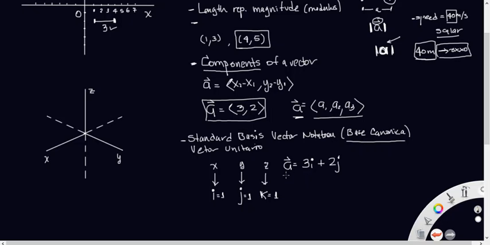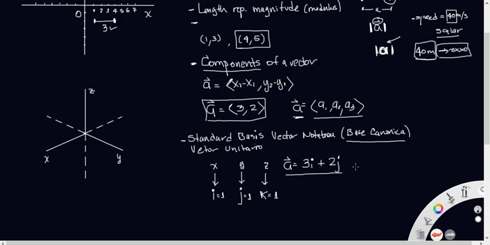So these two are the same, but this is represented in a standard basis vectorial form, and this is in component notation. So each one of these are the same, but this is showing how many units in I or in the X axis we are going to move, and how much in the Y direction.